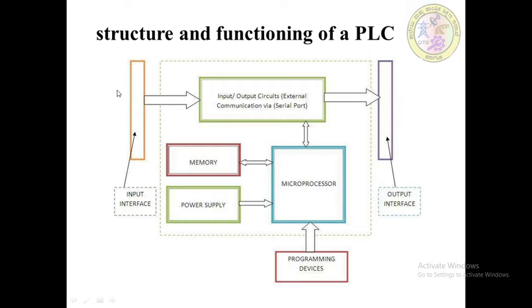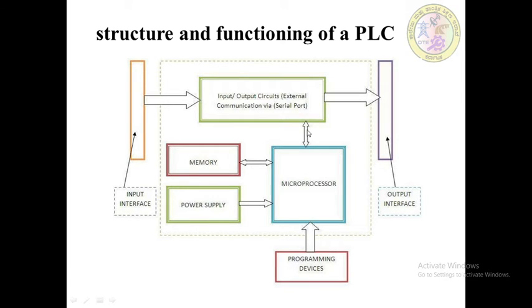First I'll explain it once, and then I will explain individually how it works. This first block represents the input interface, which is connected to the input output circuit, with external communication via serial port, and then directly connected to the output interface. Between the input and output there is a microprocessor.